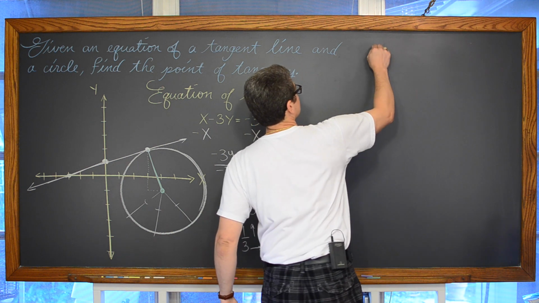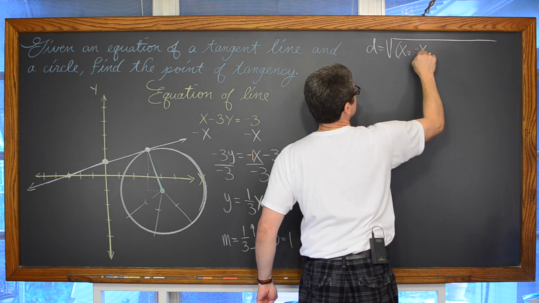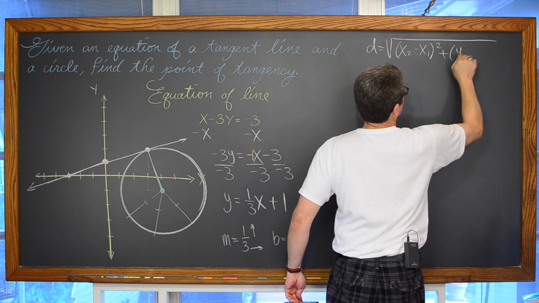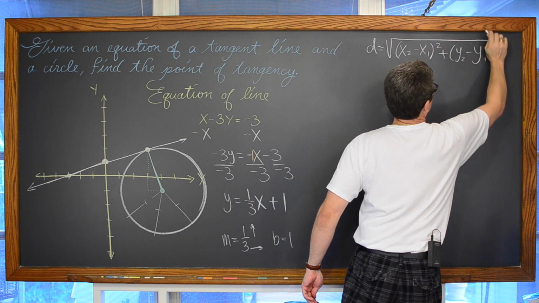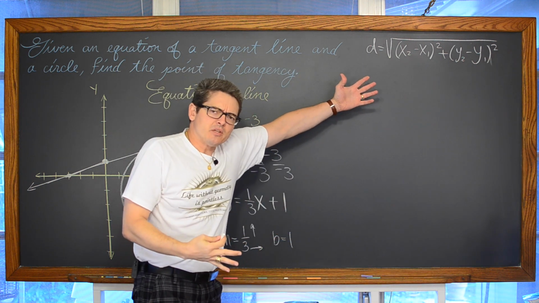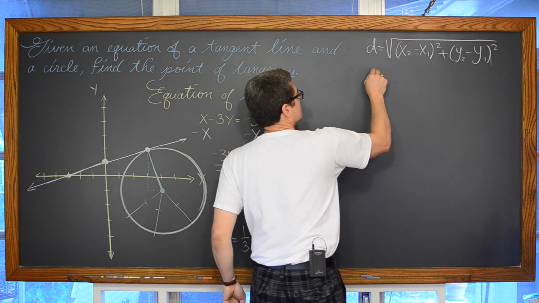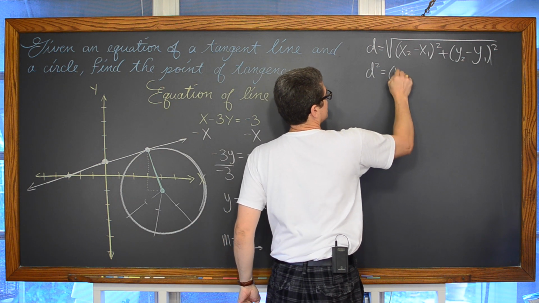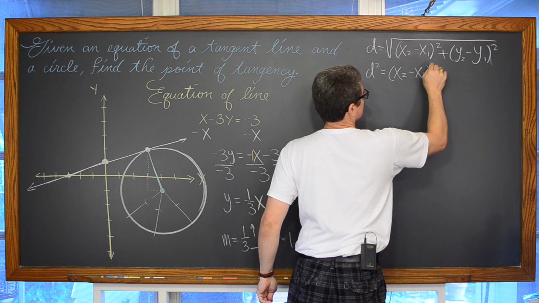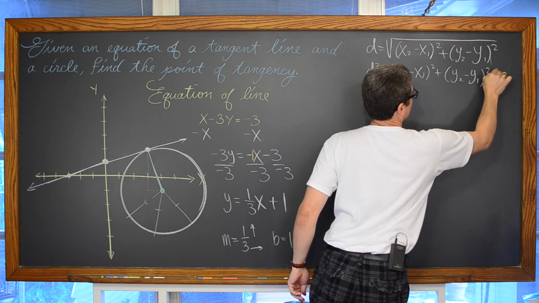So the distance formula is d is equal to the square root of x sub 2 minus x sub 1 squared plus y sub 2 minus y sub 1 squared. Well, that's the distance formula though, not the equation of a circle. So we're going to square both sides and get d squared is equal to x sub 2 minus x sub 1 squared plus y sub 2 minus y sub 1 squared.